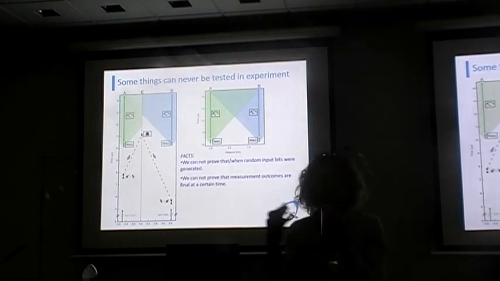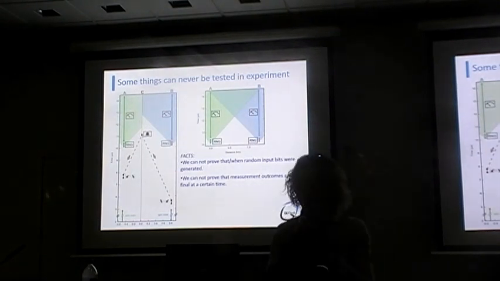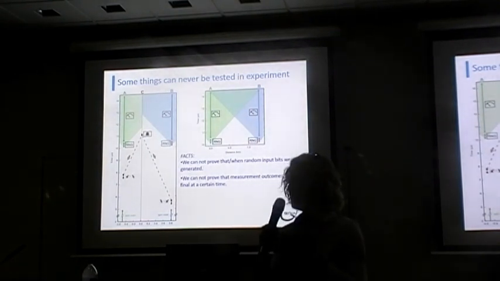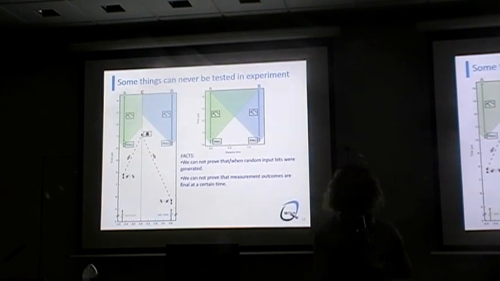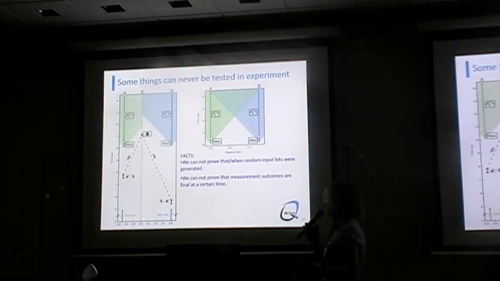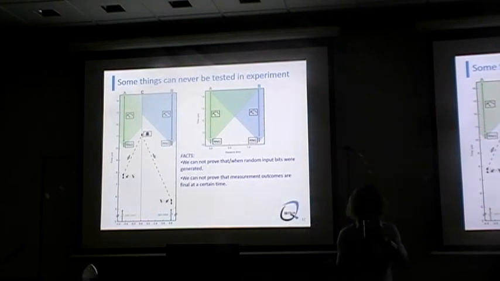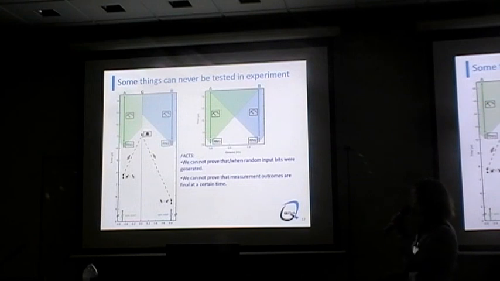Even if I were to observe this measurement outcome, there's no saying whether the measurement outcome has been produced. So these are assumptions that one has to make in every Bell experiment, and there's no way to test these principles together with the Bell experiment.